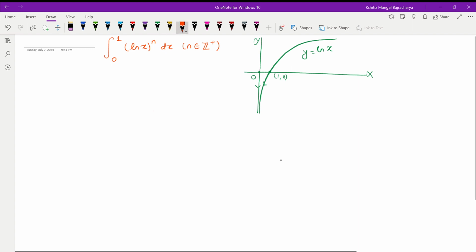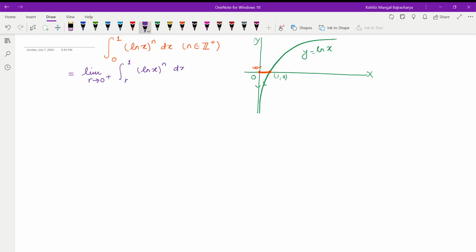So in this interval, right here, we have a point of discontinuity, which is the point x equals 0. So we can write the limit as r tends to 0 from the plus side, of the integral from r to 1 of (log x) raised to the power n dx.